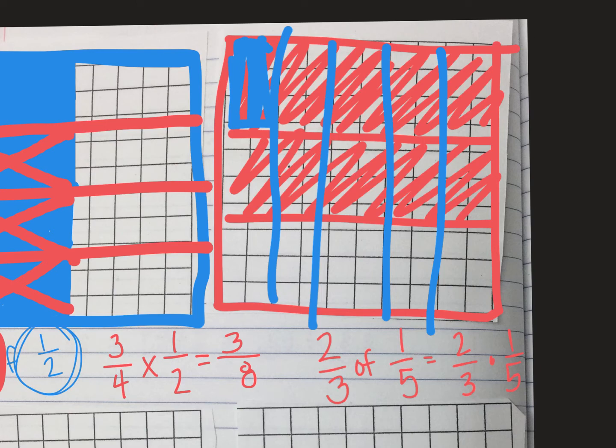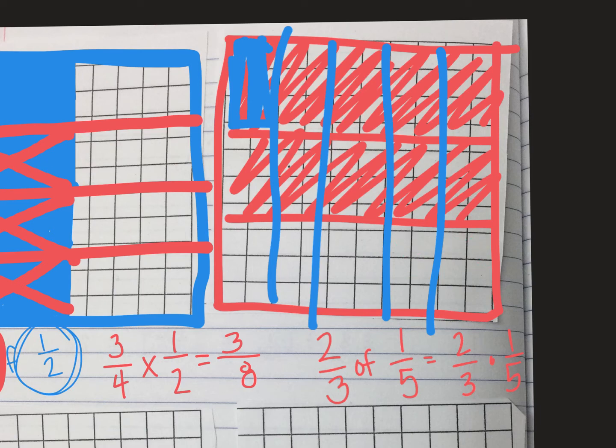So 2/3 times 1/5 only gives me 1 square. 1 square right here out of 1, 2, 3, 4, 5, 6, 7, 8, 9, 10, 11, 12, 13, 14, 15.